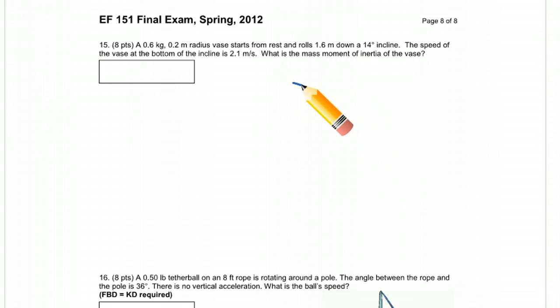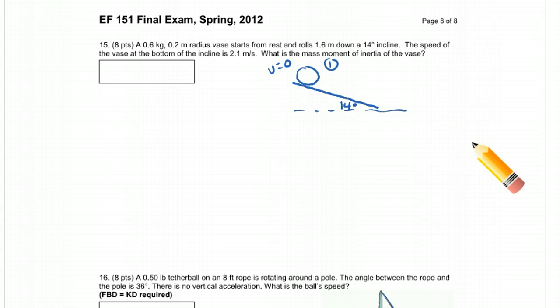We're going to have our incline here, 14 degrees. We're going to have our vase up here. We'll call this state 1. Its velocity equals 0. We'll have it down here at state 2. Its velocity was 2.1.